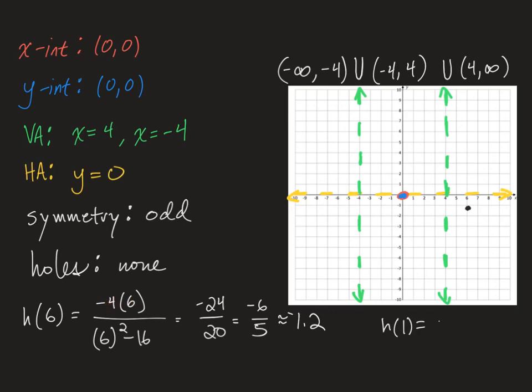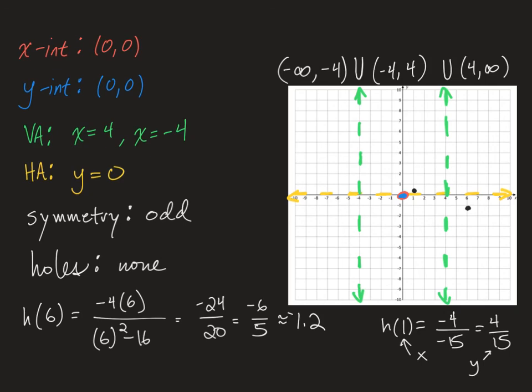That's what the top would be. And let's see, 1 squared minus 16 is minus 15, or negative 4 over 15. So the x value is 1, the y value is negative 4 over 15. So that ordered pair is, let's see, 1 comma negative 4 over 15, right about here.